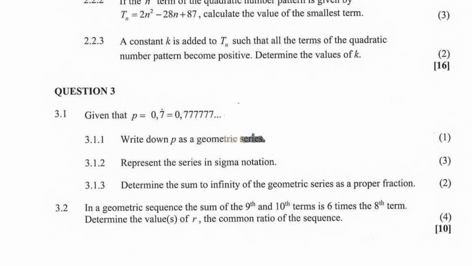Alright, so here we're told about a geometric sequence. We are told about the 8th, 9th, and 10th term of the sequence. And it's a geometric sequence. So we have term number 8, term number 9, and also term number 10.